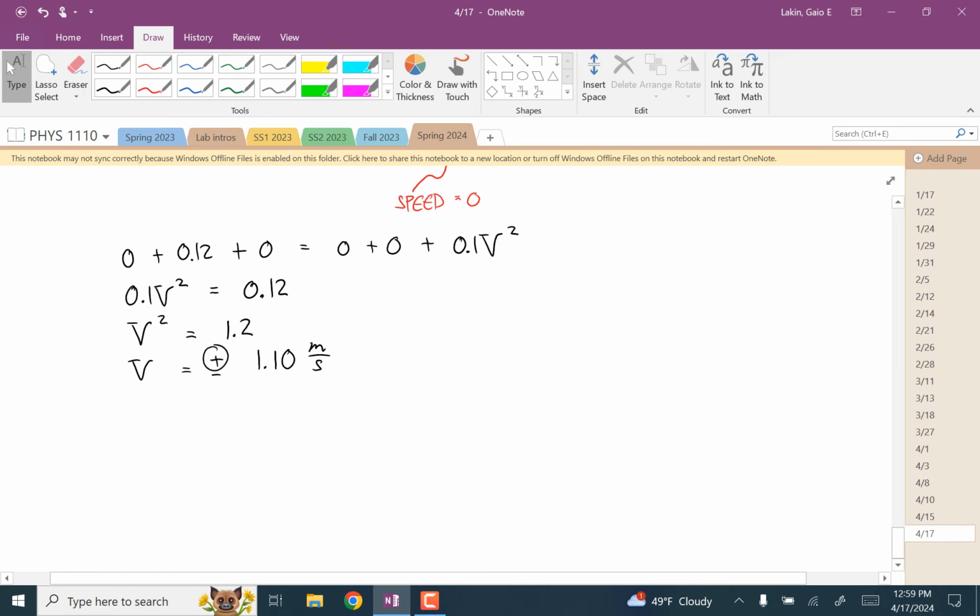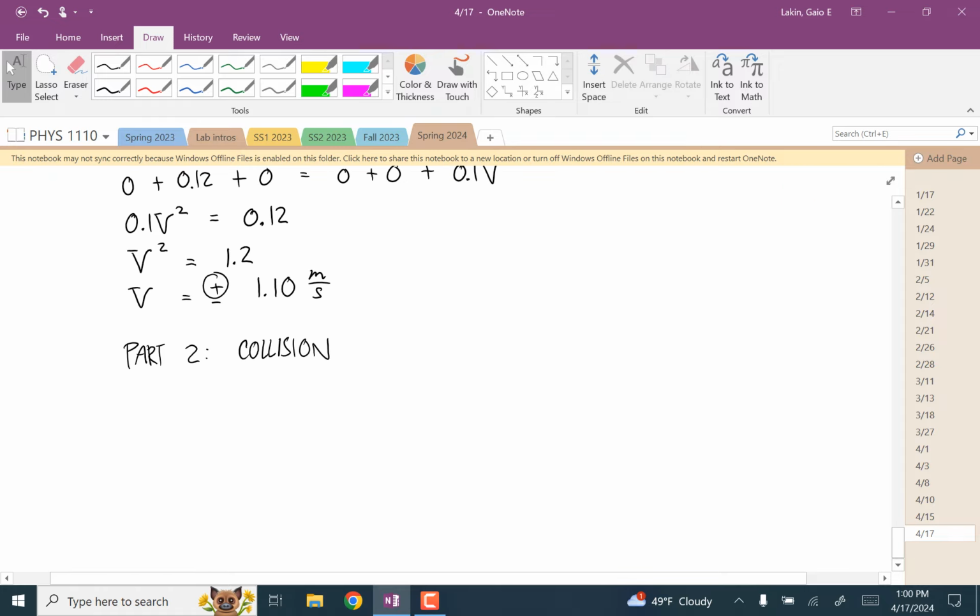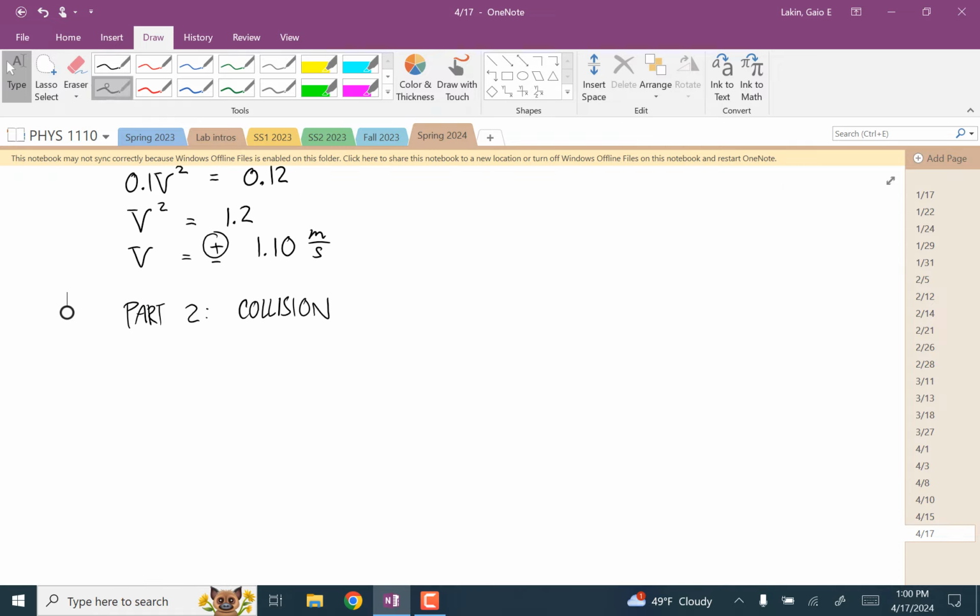Now we can do part 2, which is conservation of linear momentum for the collision part. So we have this cart moving this way at 1.10 meters per second, and it has a mass of 0.2 kilograms.